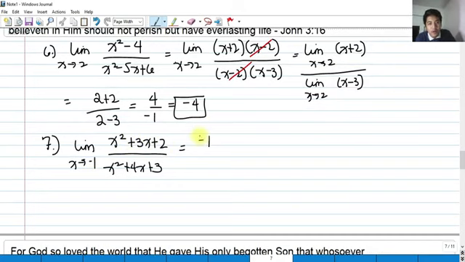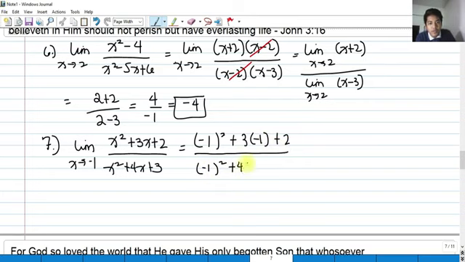So we have negative 1 squared plus 3 times negative 1 plus 2 over negative 1 squared plus 4 times negative 1 plus 3. But you can also factor this out just like what we did on the previous example. If I solve number 6 by directly substituting the 2, we will still get the same answer. So I'm showing you the ways to solve this, as long as the denominator is not equal to 0.